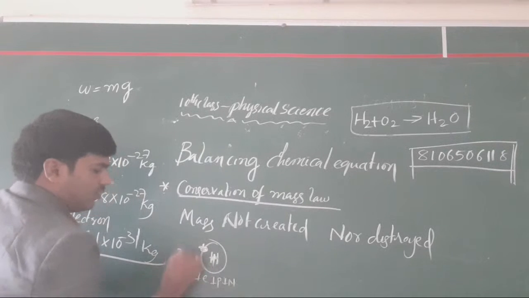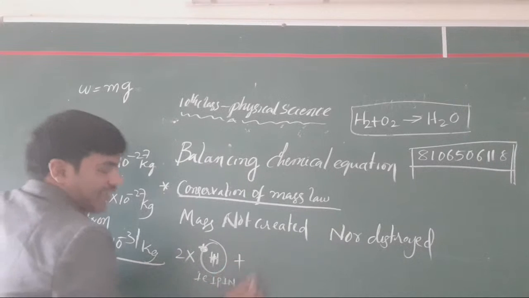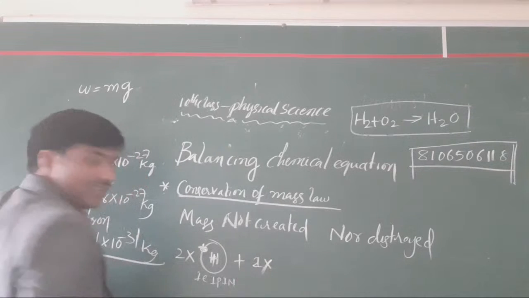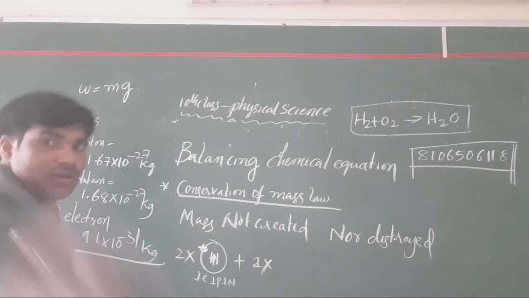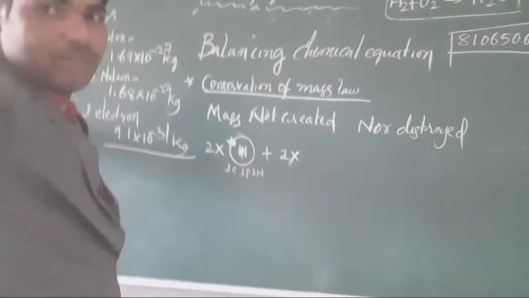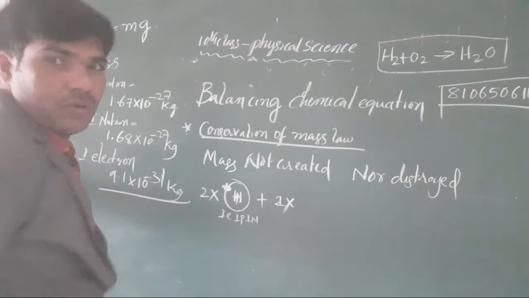And here 2 hydrogens are there, into 2, plus oxygen is there here. How many oxygens are there? 2 oxygens are there. Clear or not all the students?